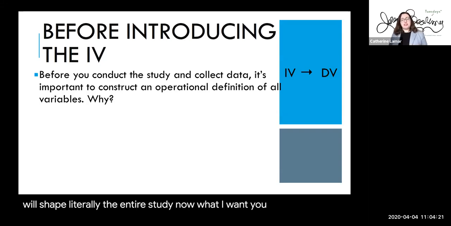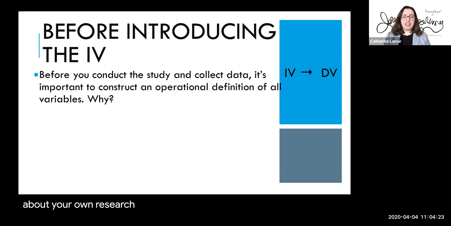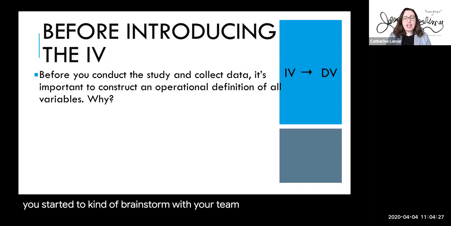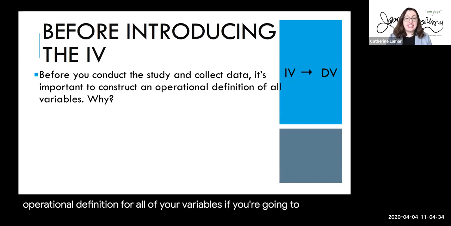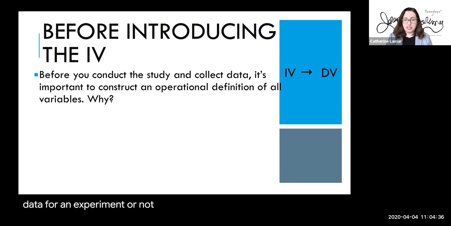Now, what I want you to do is think about your own research projects and the operational definitions that you started to brainstorm with your team. You might not be doing an experiment. That's okay. You still need an operational definition for all of your variables if you're going to collect data for an experiment or a non-experimental design.